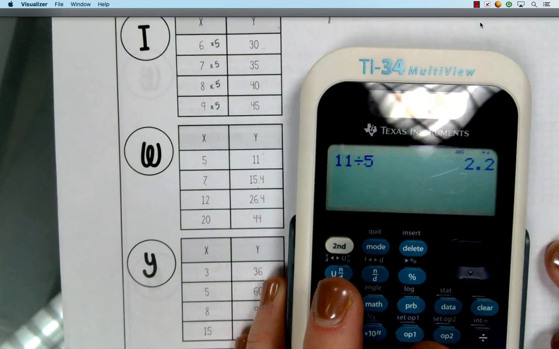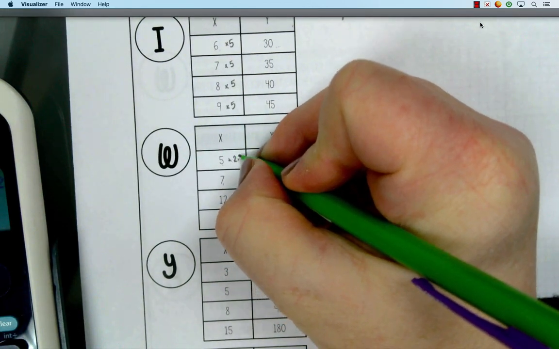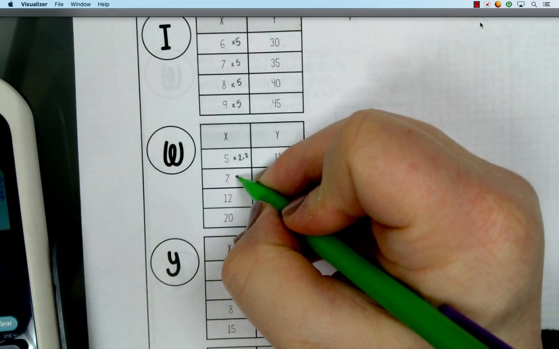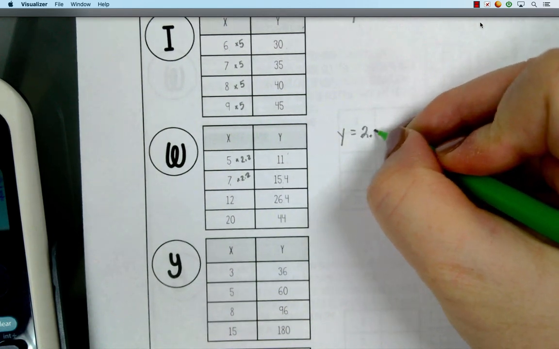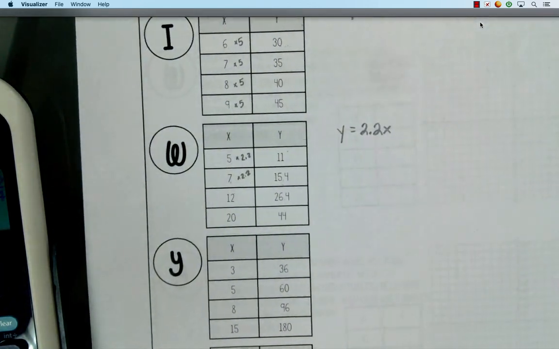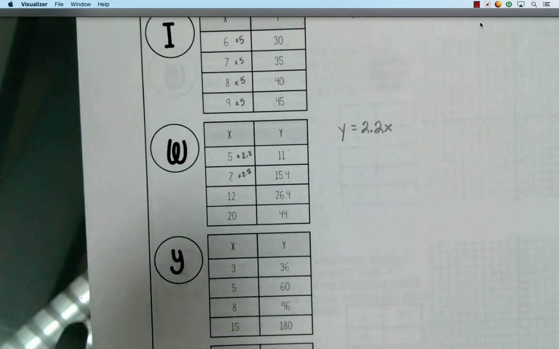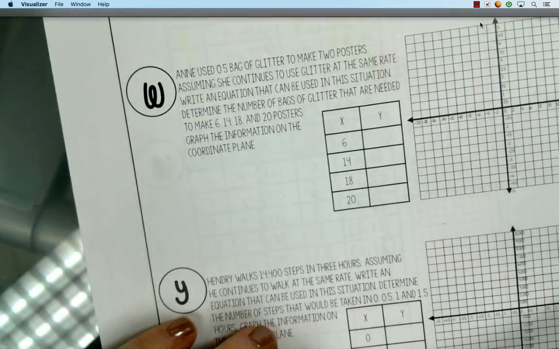And I get 2.2. So let's just try that out. So 5 times 2.2, 7 times 2.2. Oh, that works too. So y equals 2.2x. And that's it. All right. At home, you should complete those on your own. Okay.